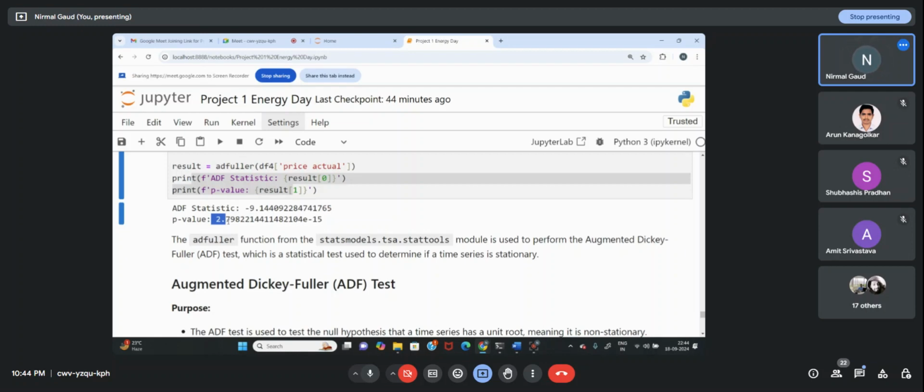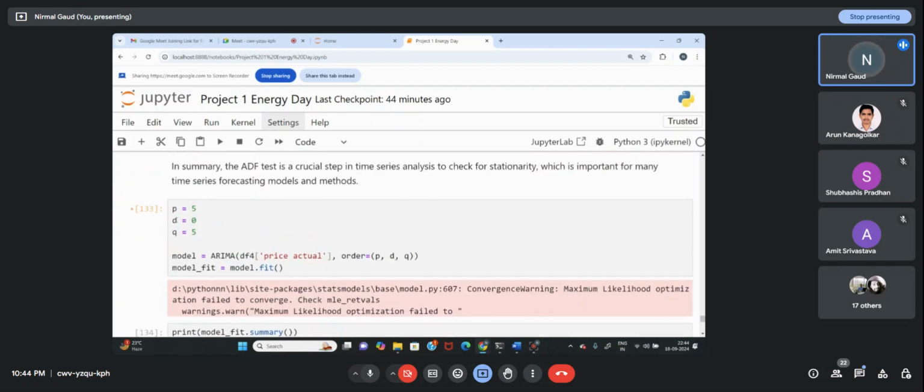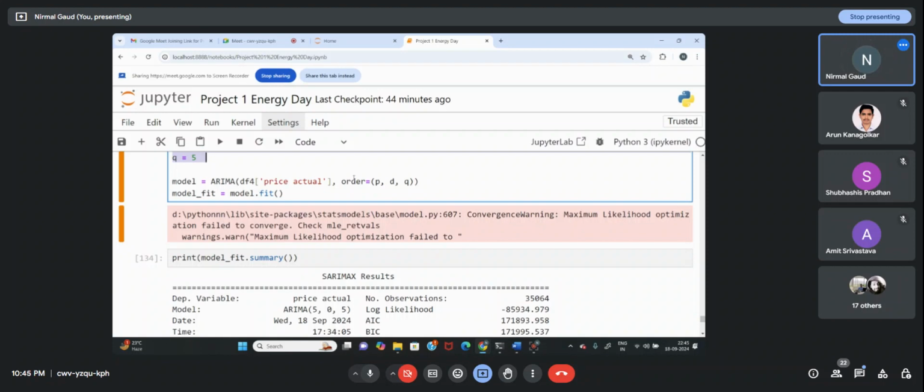So my null hypothesis is accepted. I have a stationary series, so I can proceed ahead. I can define any value of P, D, and Q. I can put the price data into my ARIMA model and fit my model.